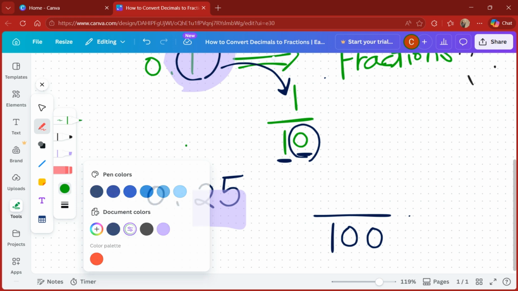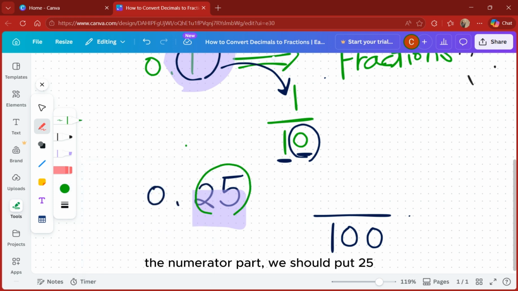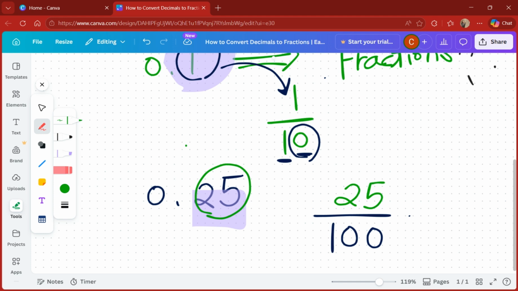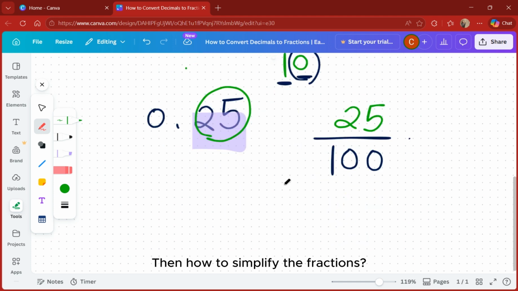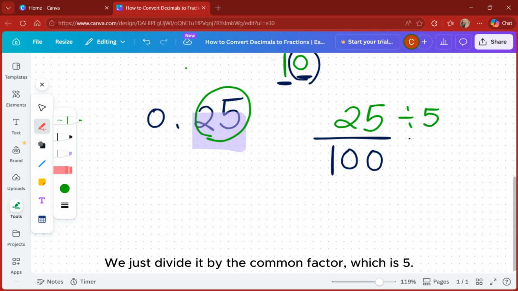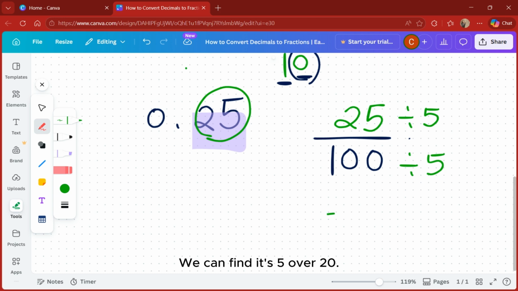The numerator part we should put 25. Okay, then how to simplify the fractions? Very easy. We just divide it by the common factor, which is 5. So we can find, wow, it's 5 over 20.